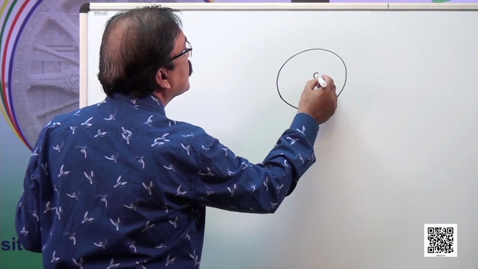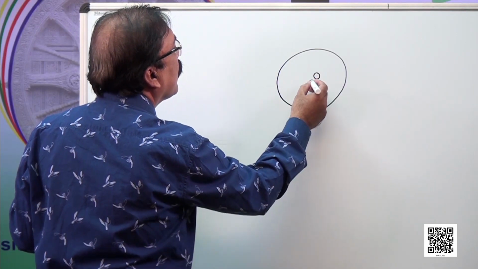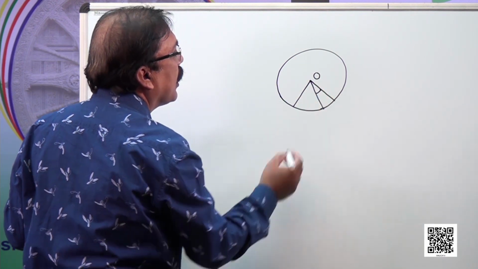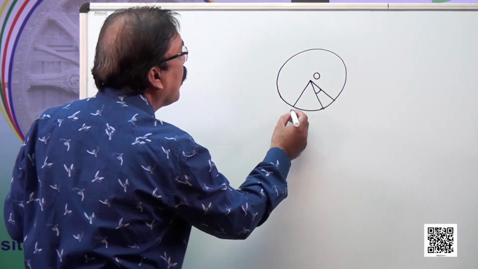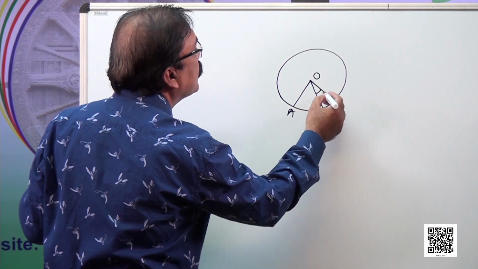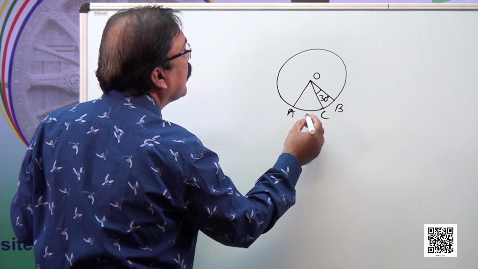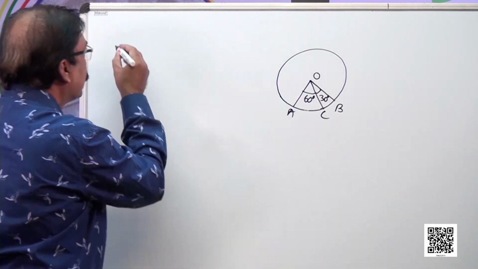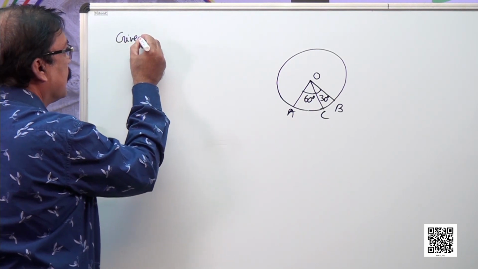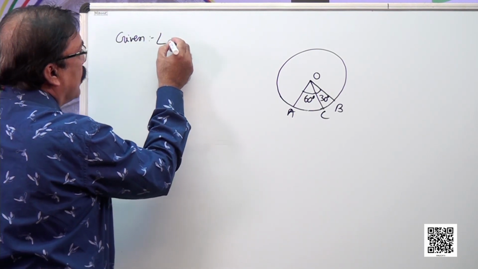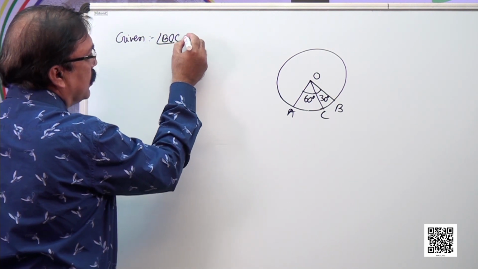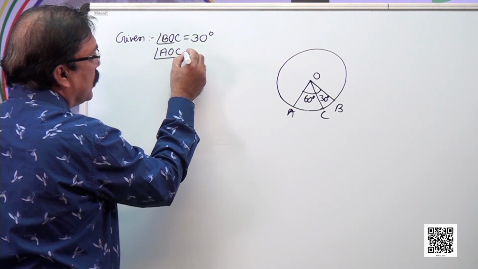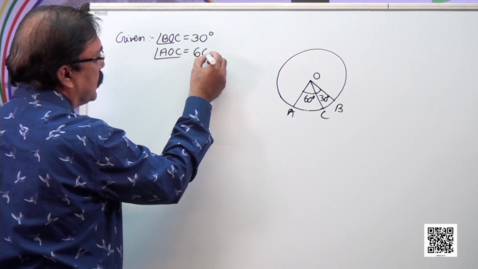O is the center. Angle BOC is 30 degree and AOC is 60 degree. So given angle BOC is equal to 30 degree and angle AOC is equal to 60 degree.